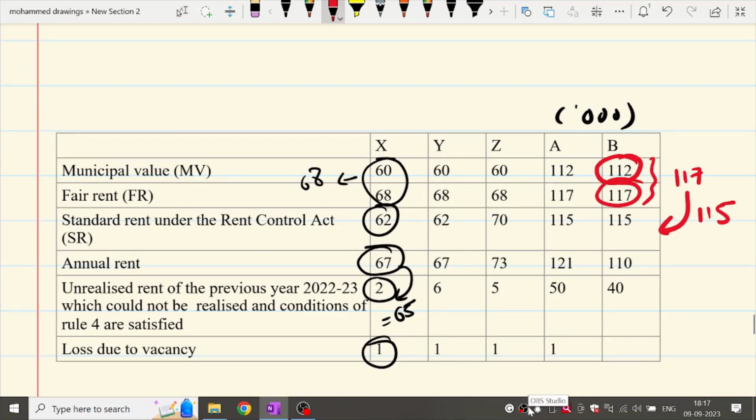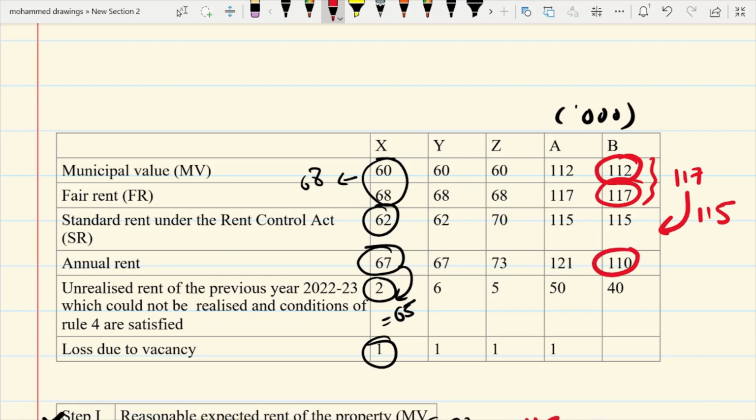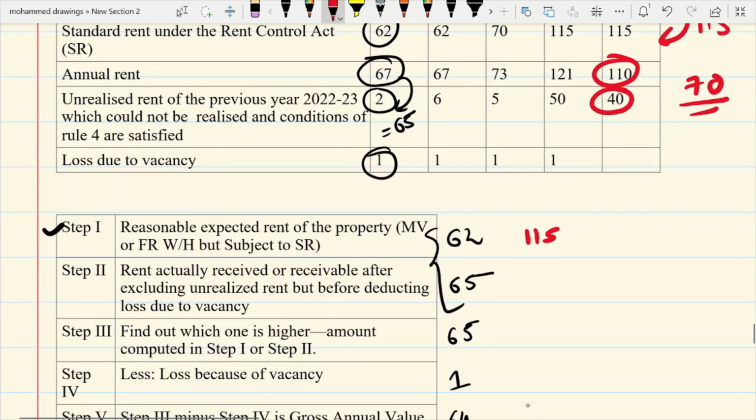Now the second step, rent actually received or receivable after excluding unrealized rent but before deducting loss due to vacancy. Here your annual rent is 110 and the unrealized rent for the previous year 22-23 is 40. If you deduct, you get 70, which becomes your answer for step 2.